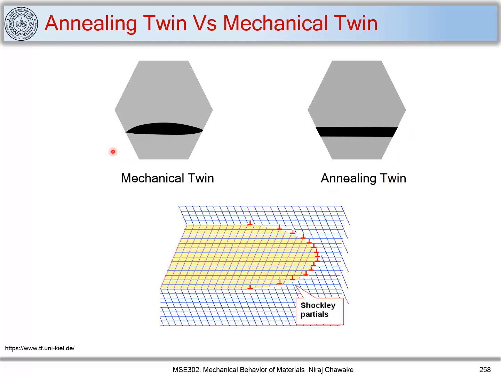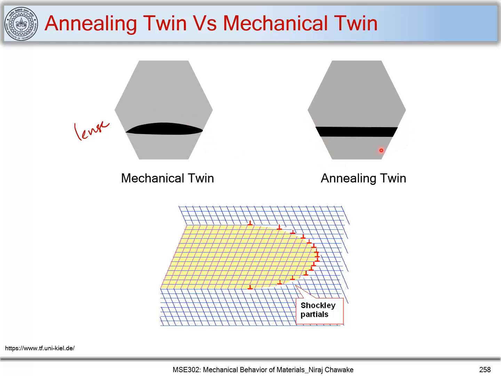So here you can distinguish mechanical twin versus annealing twin from the microstructure. A mechanical twin will have this lens kind of shape. You can see that there is a lens shape, while annealing twins will not have this kind of lens shape. So when you have a lens shape, you can say that this is a mechanical twin, or this twin has formed during deformation of the material.